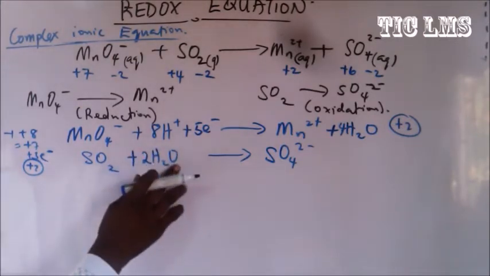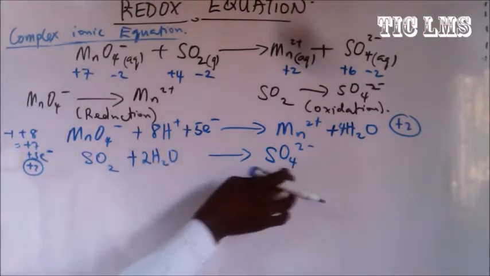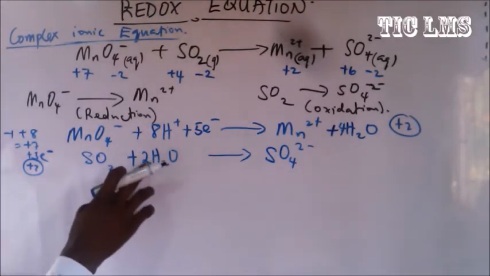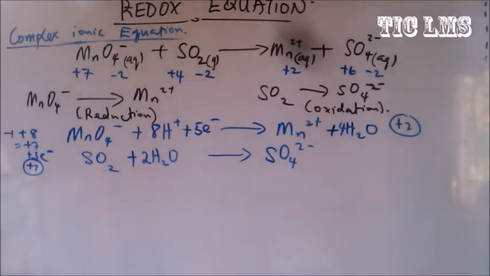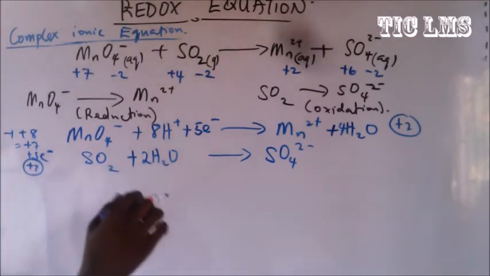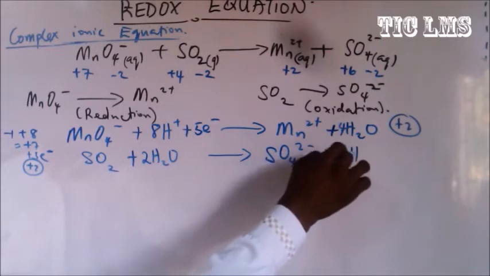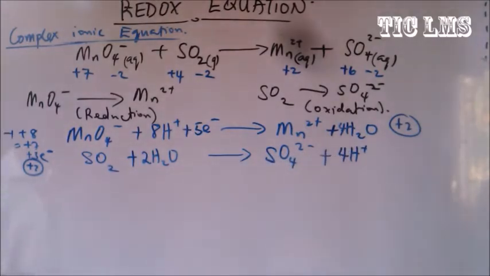Now we have 2 oxygen, 2 oxygen, making 4, and then we have 4 over here. The introduction of 2 H2O here has brought in 4 atoms of hydrogen. So we have 2 times 2, that's 4. So we have 4 hydrogen here. To balance it out, we add 4H+ on the product side.